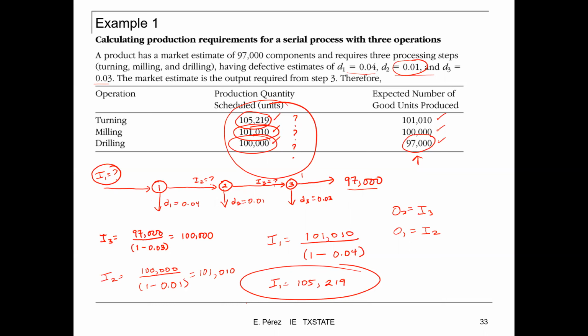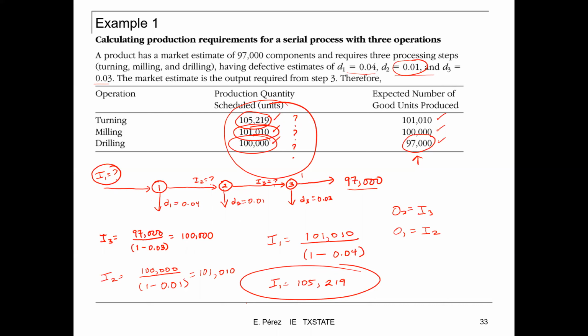Knowing the expected output and knowing that expected defect rate for each one of the stations, we computed the required input, in this case, input 1, in terms of how many units we needed to start with in order to achieve that desired output for our process. So in this case, our desired output was 97,000 units.